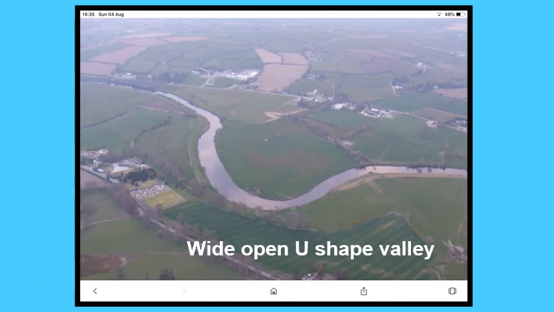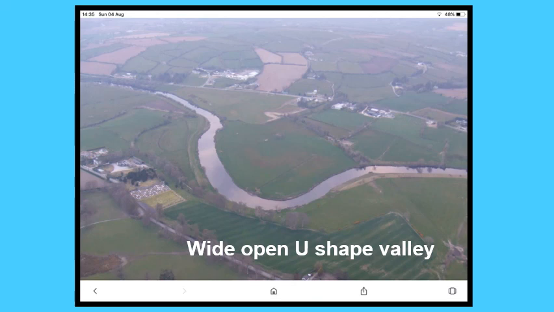It has a laminar flow pattern. One of the biggest characteristics of a river in its old stage of its fluvial cycle is its wide, open, U-shaped valley. Flat, that's the word that should slap you in the face when you have a look at an old river valley.